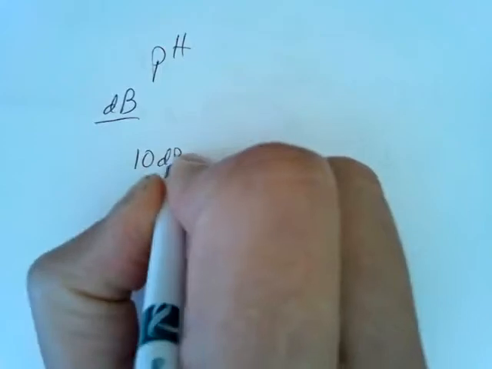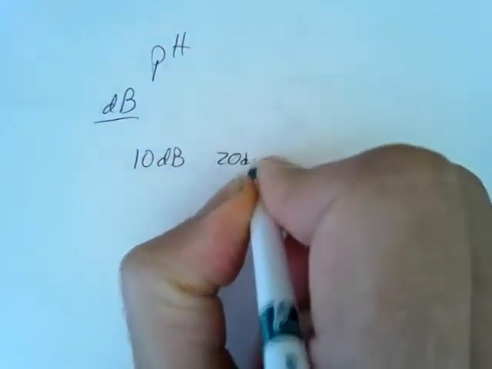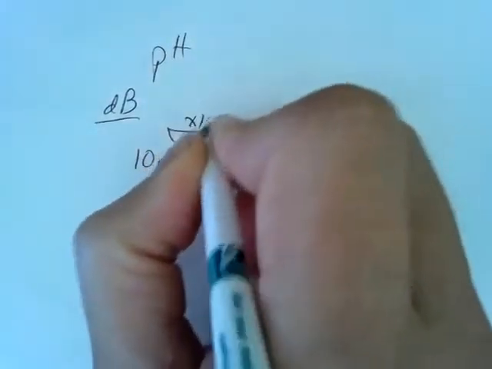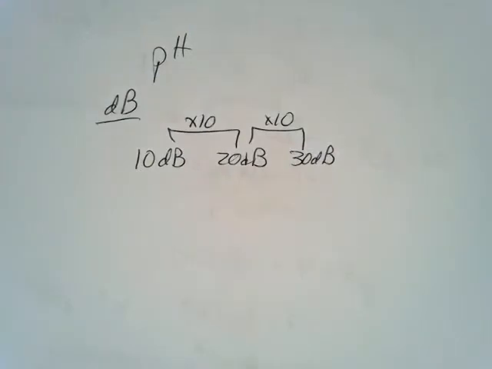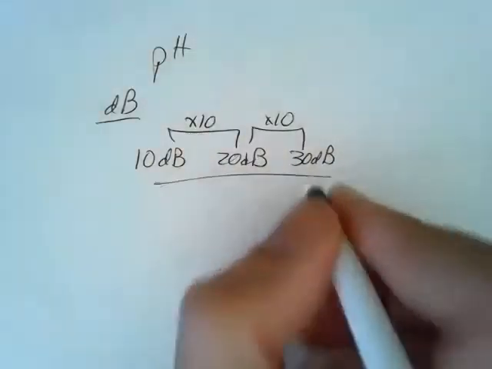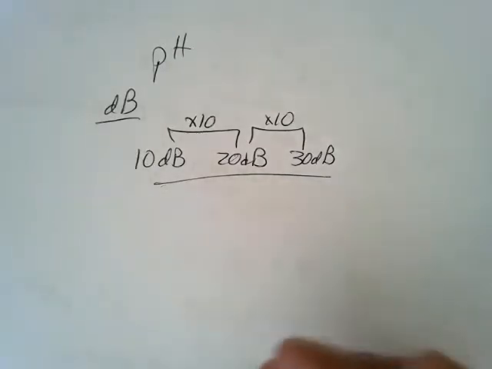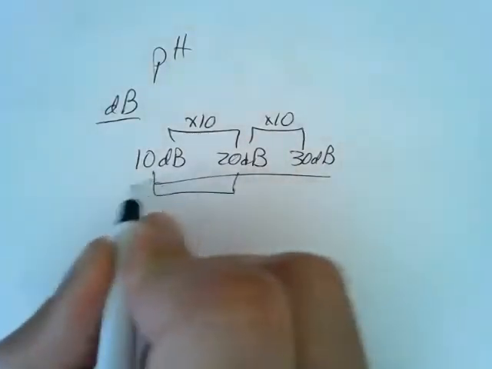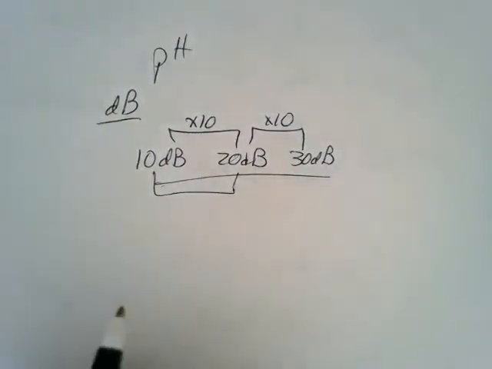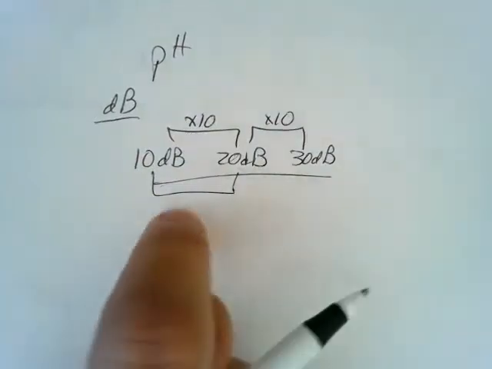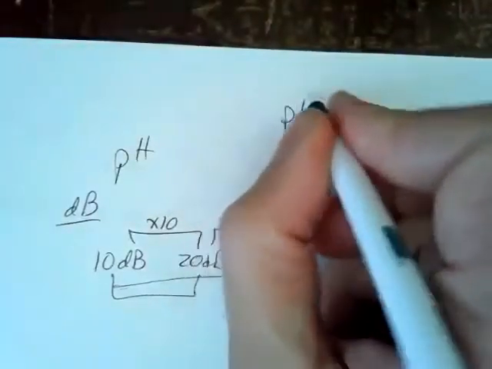So 10 decibels and 20 decibels and 30 decibels are in fact 10 times different in volume. This makes it look linear when we say 20 decibels versus 30 decibels. You might think 10 to 20 is just twice as loud. It isn't. It's 10 times as loud because the decibel is defined as a logarithmic unit, just like pH is defined as a logarithmic unit.